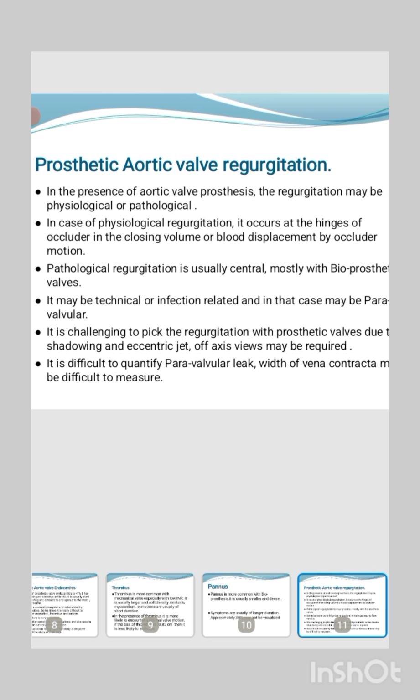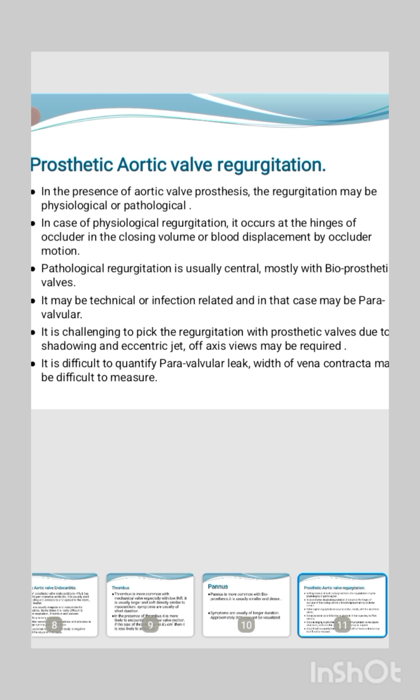Prosthetic aortic valve regurgitation. In the presence of an aortic valve prosthesis, the regurgitation may be physiological or pathological. Physiological regurgitation occurs at the hinge of the occluder, from closing volume or blood displacement by occluder motion. Pathological regurgitation is usually central, mostly with bioprosthetic valves.